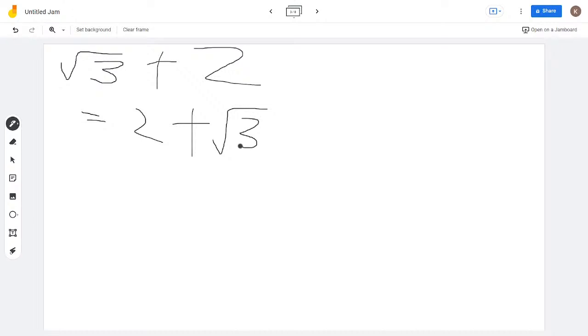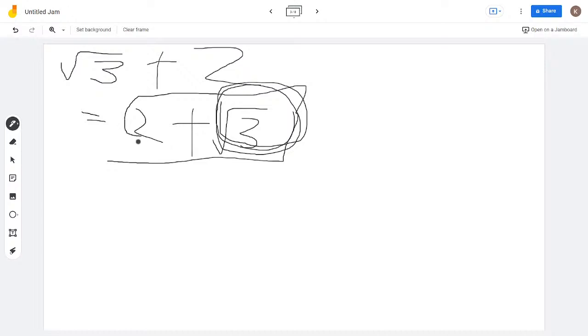Now what about this 2 plus root 3? We already learnt in our last class that this number root 3 has a non-terminating and non-recurring decimal expansion, right? So since 2 is added with this irrational number, the whole number we are getting is an irrational number.